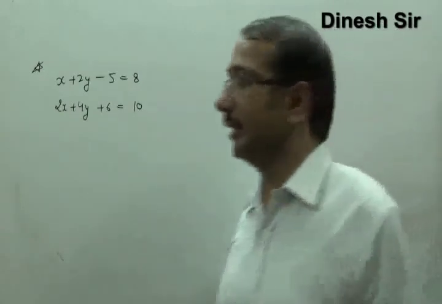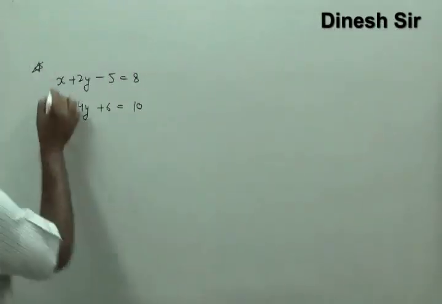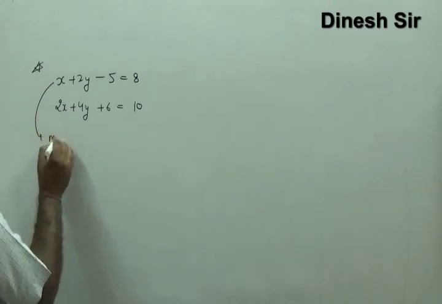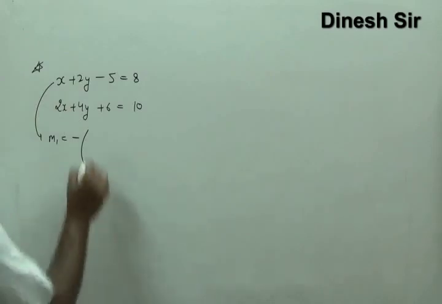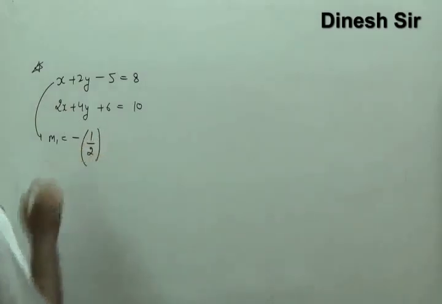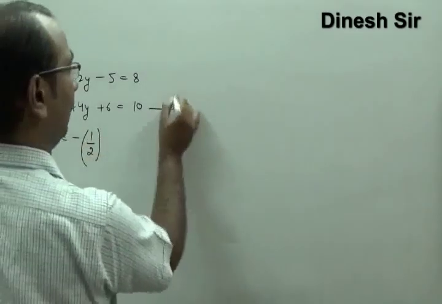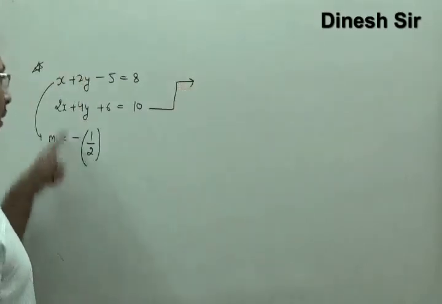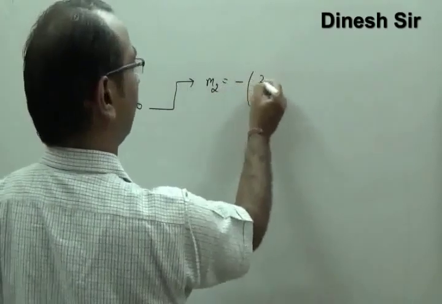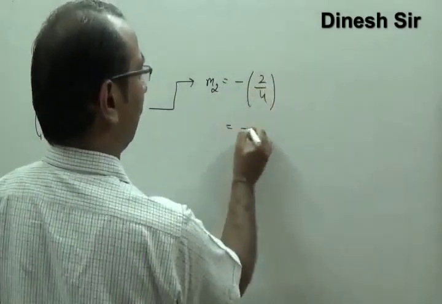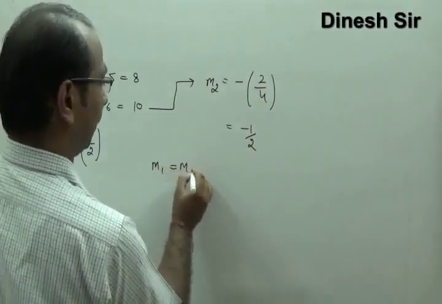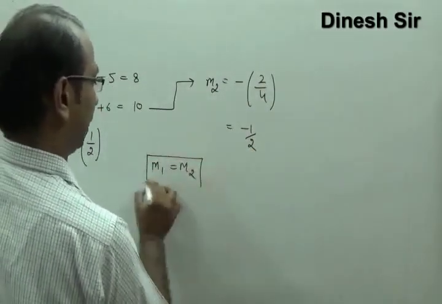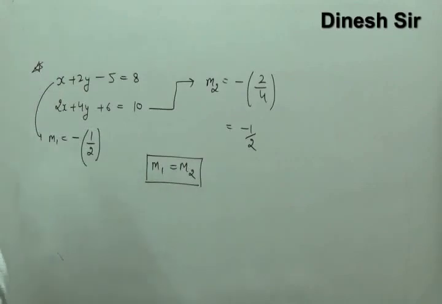So if you take the slope of the first line, m1 is minus coefficient of x upon coefficient of y, which is minus 1 upon 2, and for the second line, m2 is also minus 1 by 2. Here m1 is equal to m2, hence the slopes are equal, hence these lines are said to be parallel.